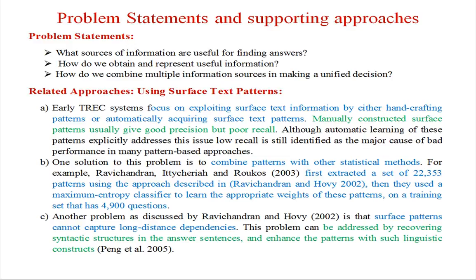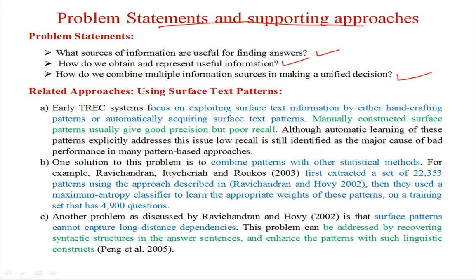Now we'll discuss some problem statements and supporting approaches, like what sources of information are useful for finding answers. How do we obtain and represent useful information? How do we combine multiple information sources in making a unified decision? These are the basic three questions useful for the factoid based question answering system.